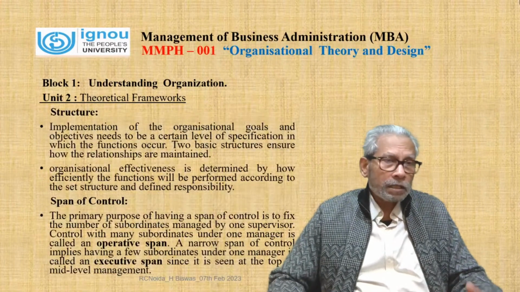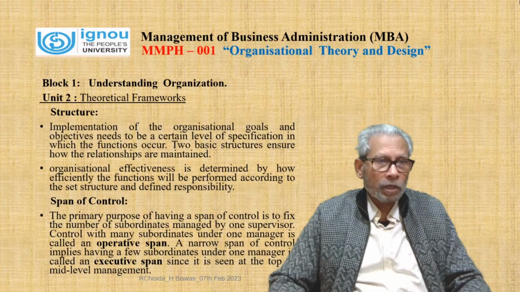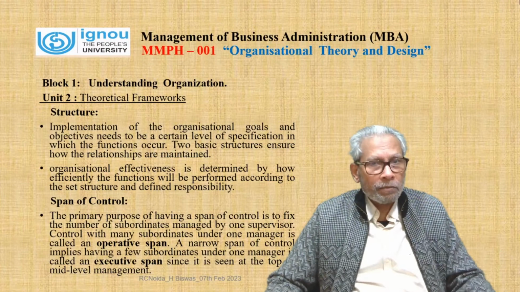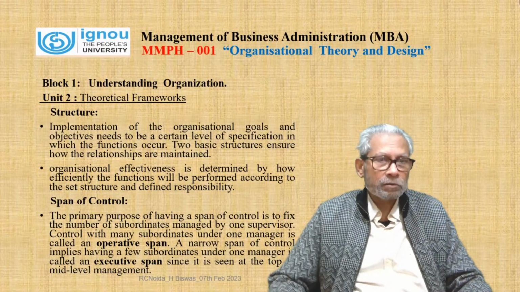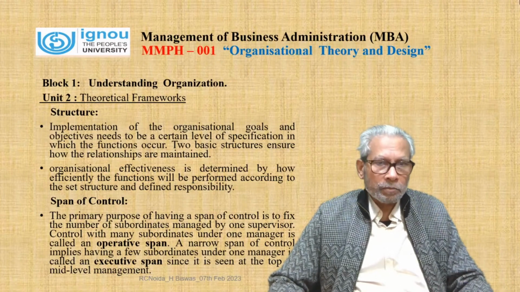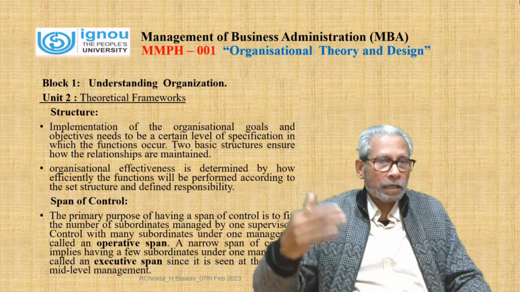Now, third is your structure. This is also important. Implementation of the organizational goals and objectives needs a certain level of specification in which the functions occur. Two basic structures ensure how the relationships are maintained. Basically, everybody knows there are levels or hierarchy.